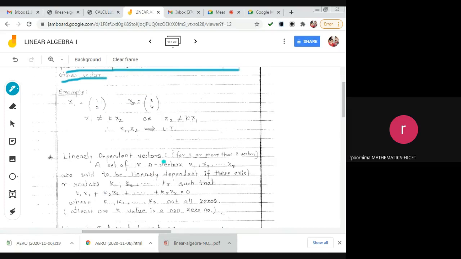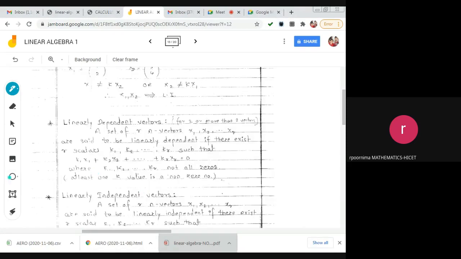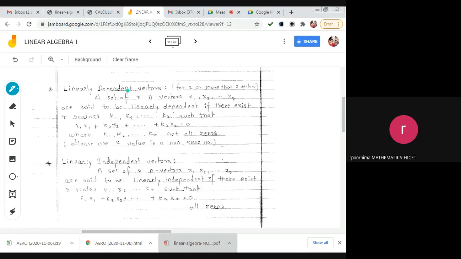Linearly dependent vectors: a set of r n-vectors x1, x2, etc., xr are said to be linearly dependent if there exist scalars k1, k2, etc., kr such that k1 x1 plus k2 x2 plus etc. plus kr xr equals 0, where k1, k2, etc., kr are not all 0. At least one k value is non-zero. This is called linearly dependent vectors.